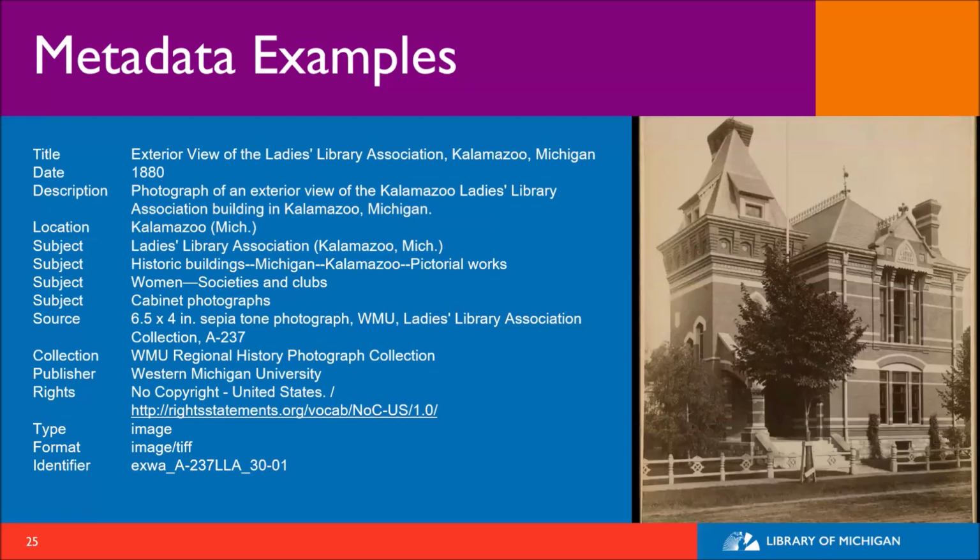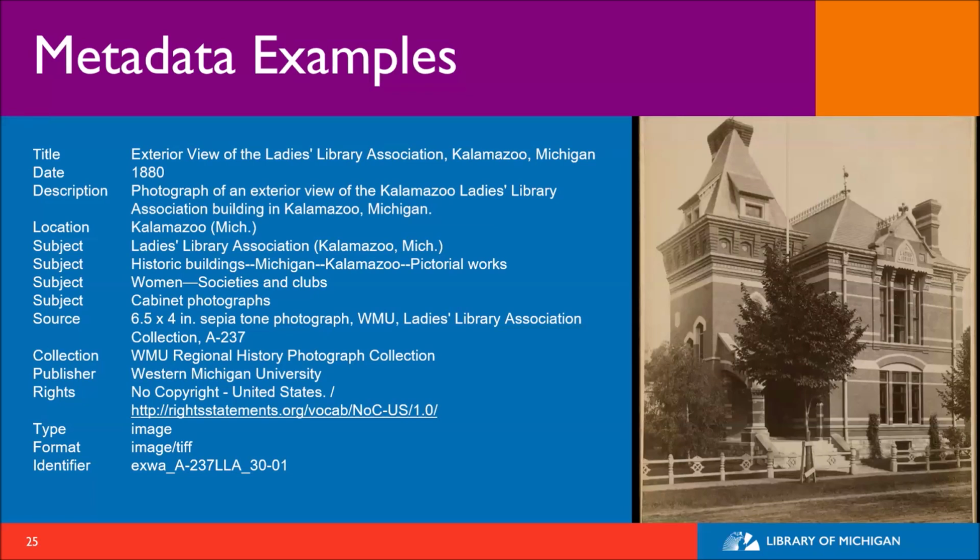Now I want to show you a couple of complete metadata records for some digital objects. I have two, and I'm really sorry the text is so small. I did my best to fit it on as well as I could, but I will read and describe what is here, because I know it's small. This is metadata for a photograph in a platform that requires the use of Dublin Core.